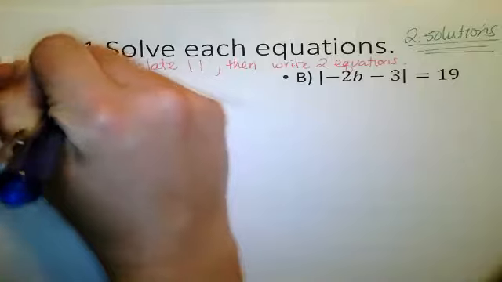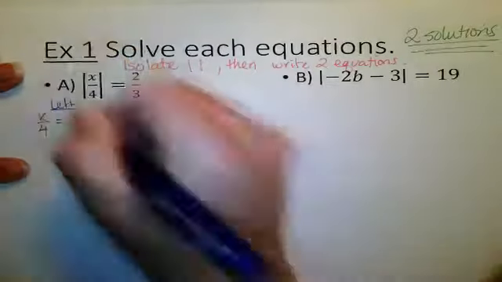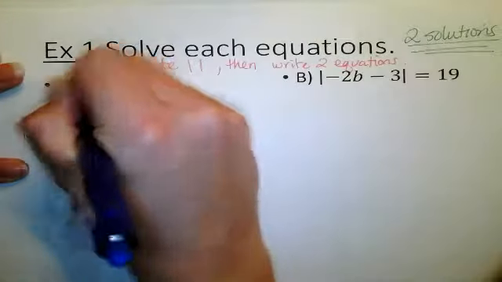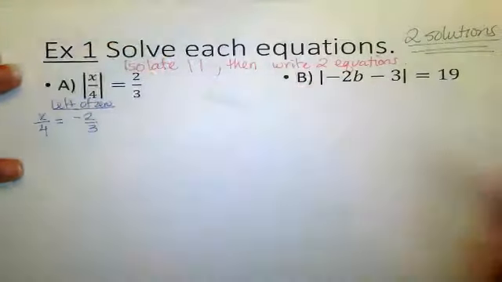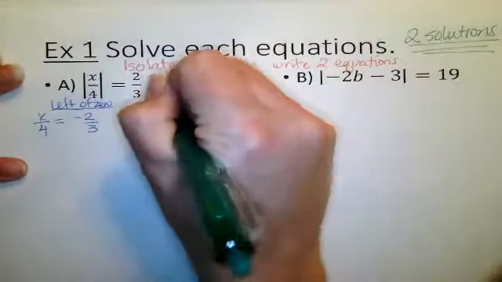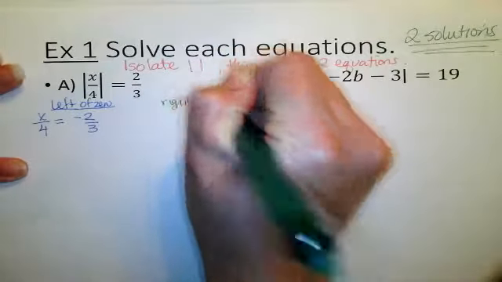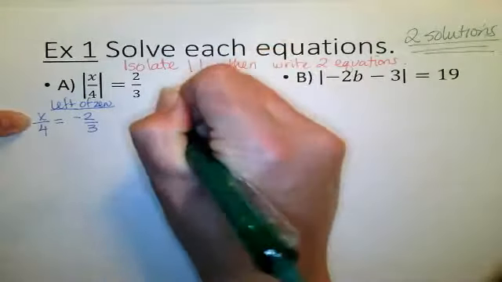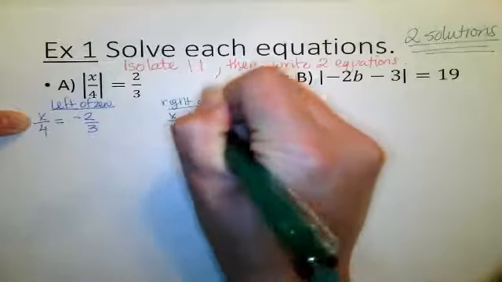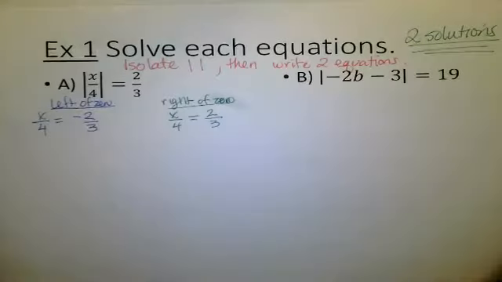So the left side, the left of 0, gets the negative sign. And then right of 0 gets the positive sign. So x over 4 could be positive 2/3. Once you write two equations, you can drop the absolute value, but it's really, really important that you have two equations for each problem. One that represents a distance to the left and one that represents a distance to the right.